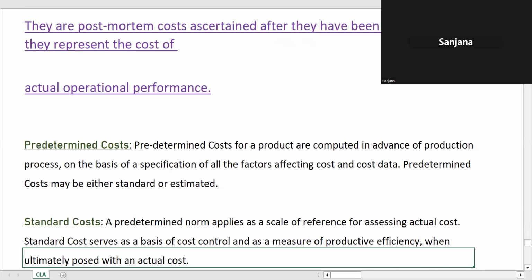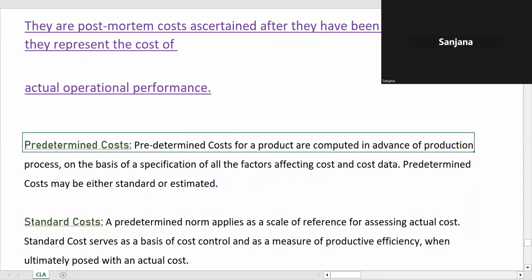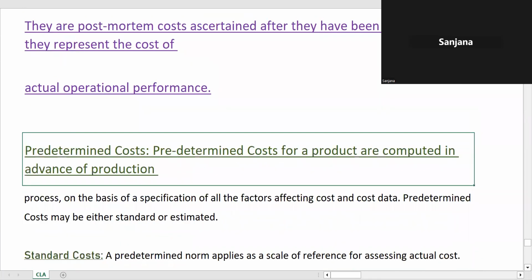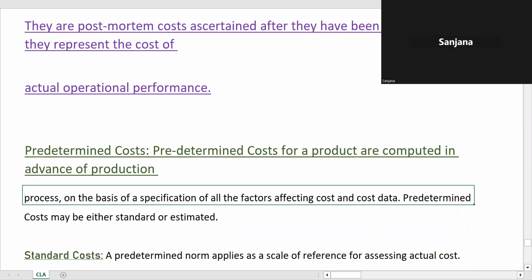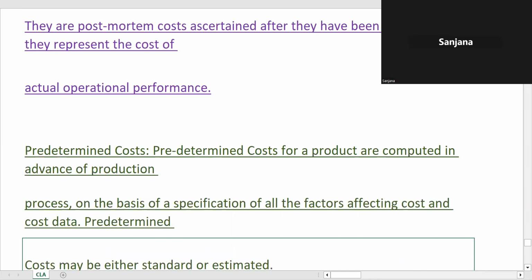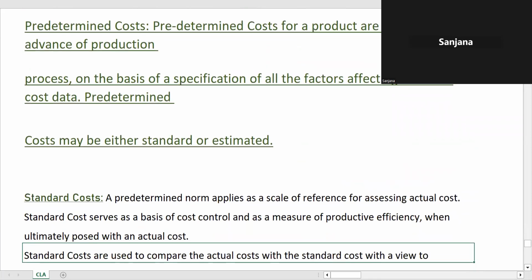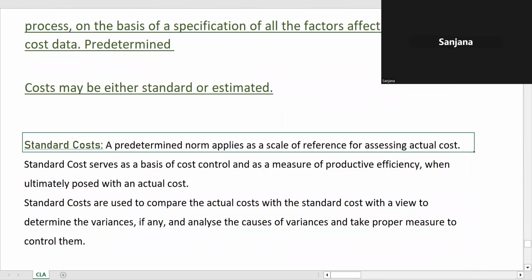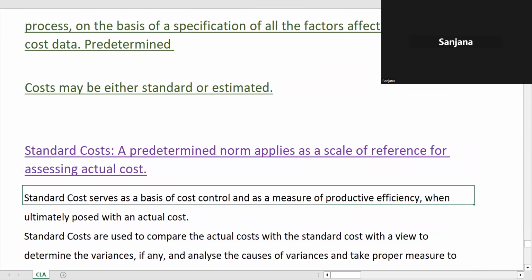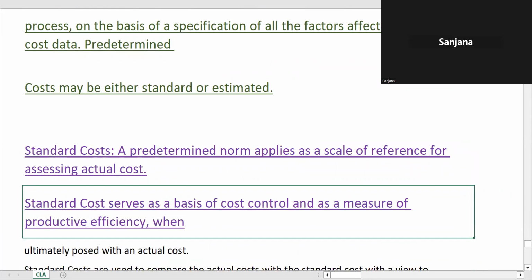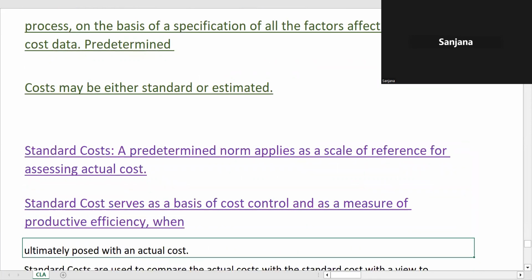Now predetermined costs are computed in advance of the production process. You prepare this cost before the production process. It can either be standard cost or estimated cost. Standard costs are scientifically determined. It's a basis of cost control and a measure of productive efficiency.